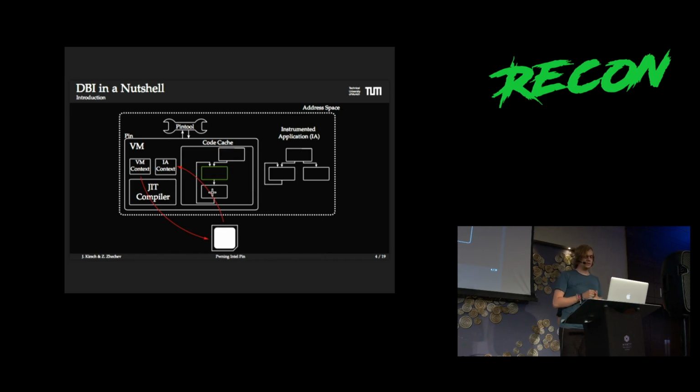Number one being, as you could see, the original code here is never executed. It's just getting copied into the code cache and executed from there. And the second observation is that the code cache is exactly this. It is a cache. So whenever you encounter a basic block twice, then there is no re-instrumentation being done. So it's just instrumented once and then placed in the code cache, and if it's already there, then it remains there. That's important for later.